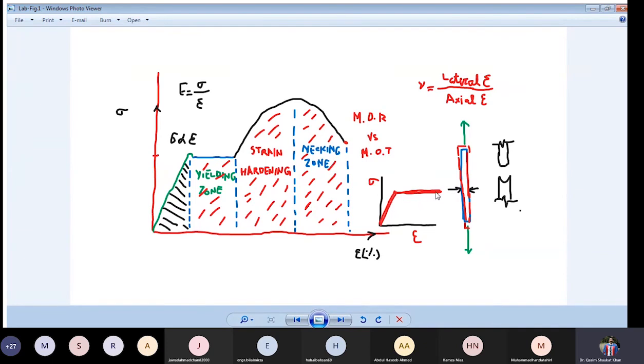So, a bilinear stress strain curve. Now the thing is, when you assume this, you are not considering the ultimate stresses, the strain hardening or the necking zone. ठीक है जी, आप ये वाली zone नहीं consider कर रहे हैं.